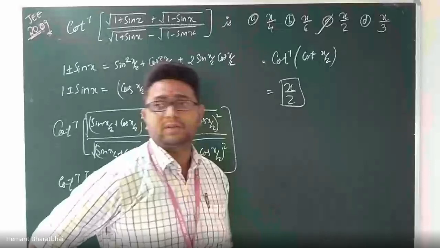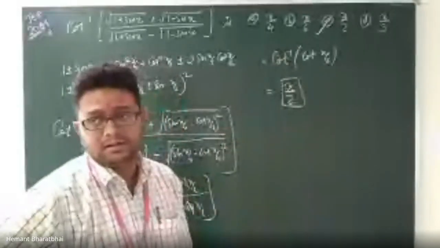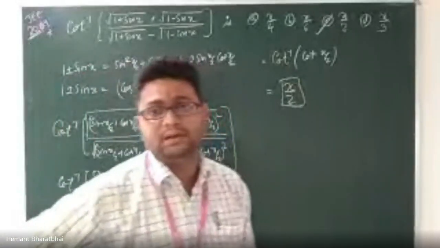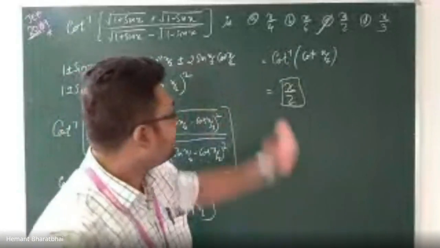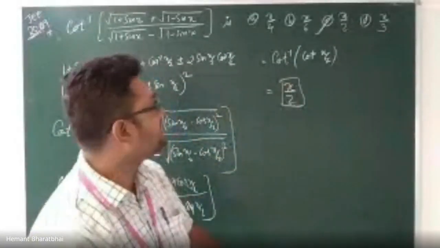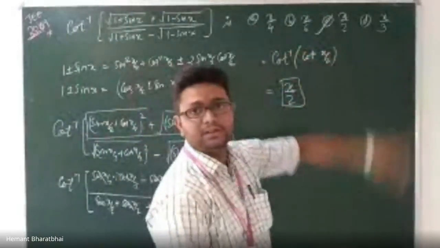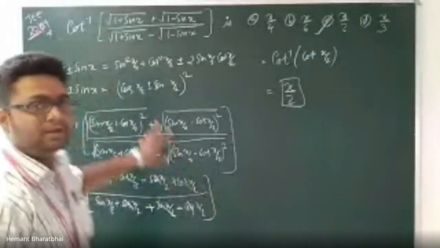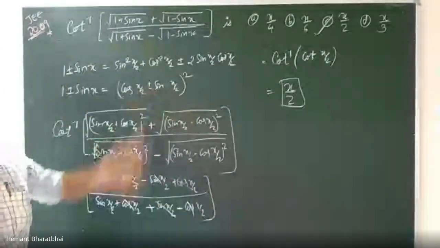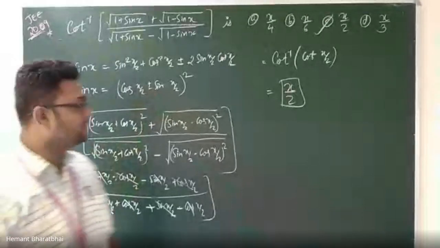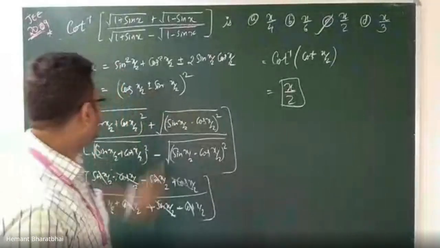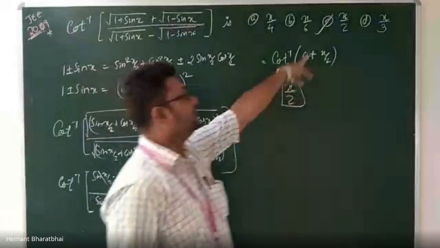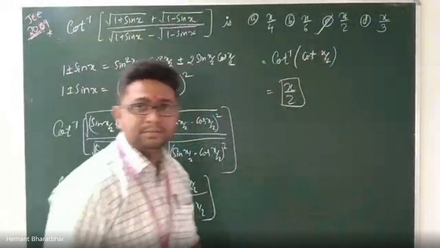Or to write tan as cot, I could have written pi by 2 minus x by 2, and then cot and cot inverse would have cancelled. But again, pi by 2 minus x by 2 is not among the options, and therefore we had to make a change over here. So instead of writing sin x by 2 plus minus cos x by 2, I have written the opposite, cos x by 2 minus sin x by 2, so I will be able to match the answer.